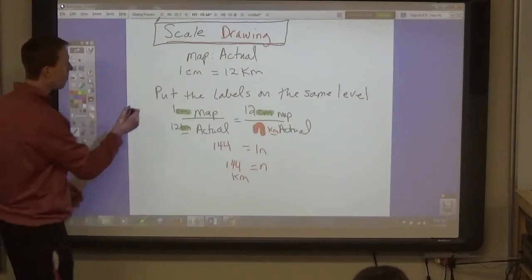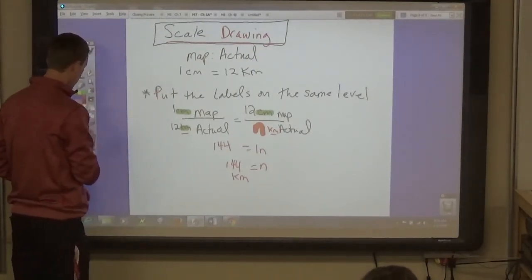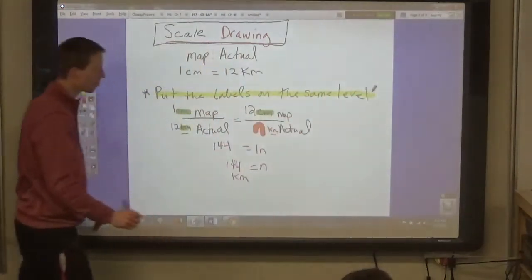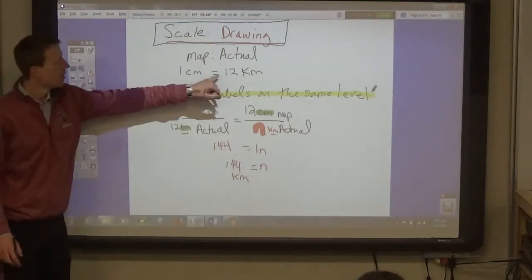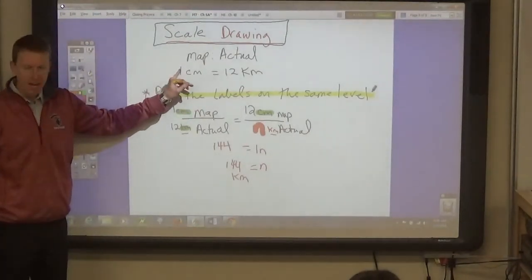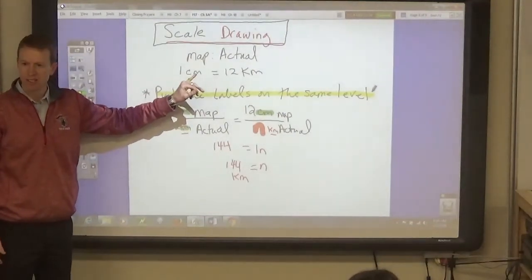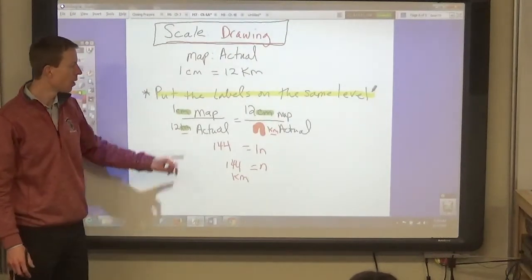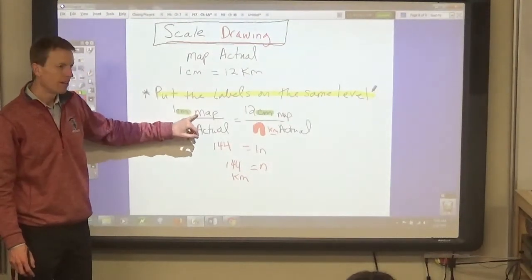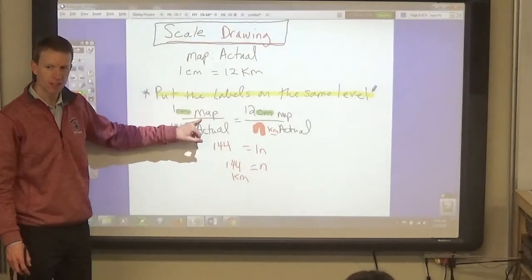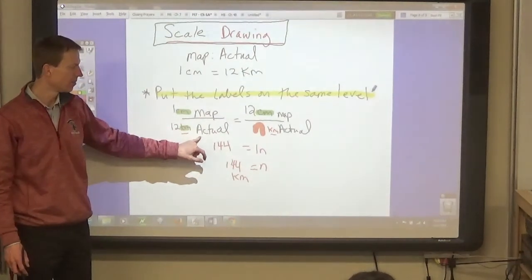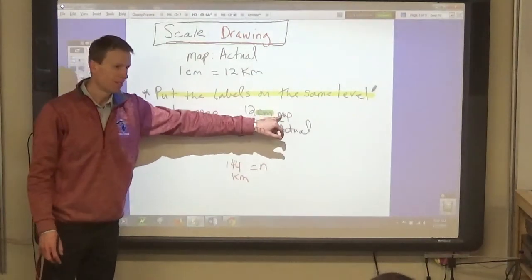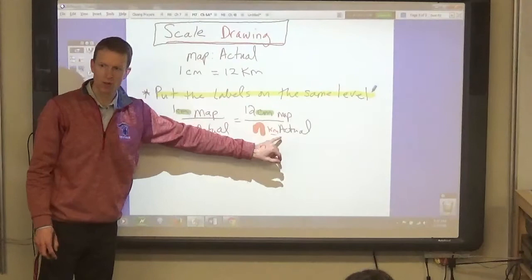So remember, when you're writing proportions, you need to put the labels on the same level. If the ratio of map distance to actual distance is 1 to 12, then you write your proportion this way: the map distance over the actual distance equals the map distance over the actual distance.